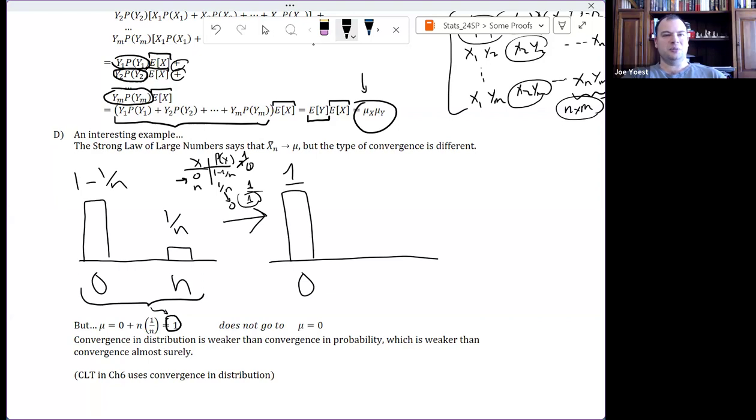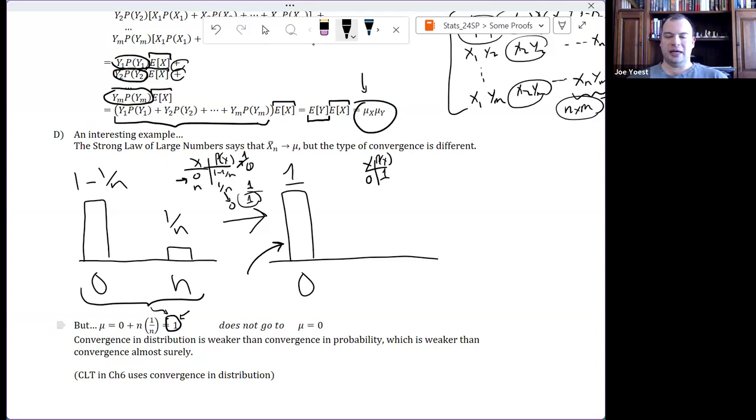So what does my distribution look like? As n gets bigger and bigger, the distribution converges to one where I just get outcome 0 with probability 1. But what is the mean for n equals 1? It's 1. For n equals 10? It's 1.